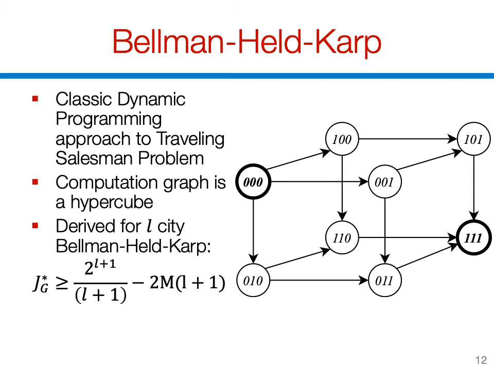The computation graph can be formulated as a Boolean hypercube, where each node is a possible state of which cities have been visited. A hypercube has very well-defined Laplacian spectra and allows us to derive this bound for the optimal I/O, which scales with 2 to the L divided by L for an L-city TSP.